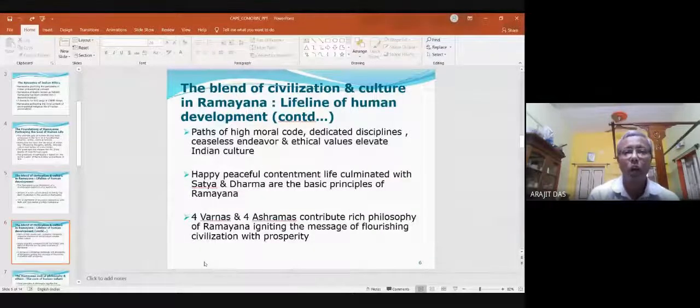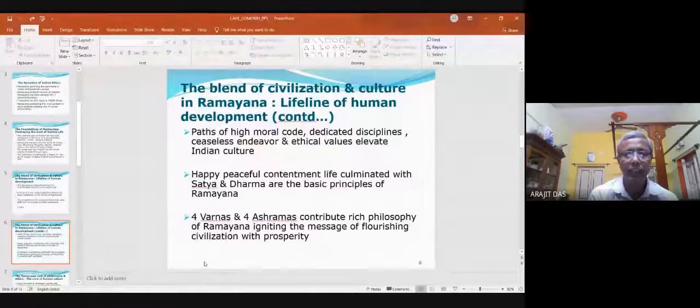The path of high moral code, dedicated discipline, ceaseless endeavor, and ethical values elevates Indian culture. A happy, peaceful, contented life, culminating with Satya and Dharma, are the basic principles of Ramayana. In each and every epic, we find these 2 terms, Satya and Dharma.